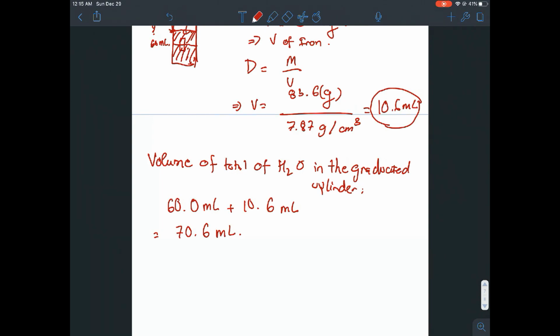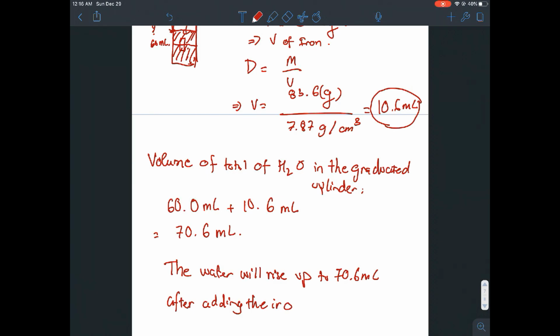We could say the water will rise up to the level of 70.6 milliliter after adding the iron. Okay, we finished the first lesson here, so we will come back in the next lecture.